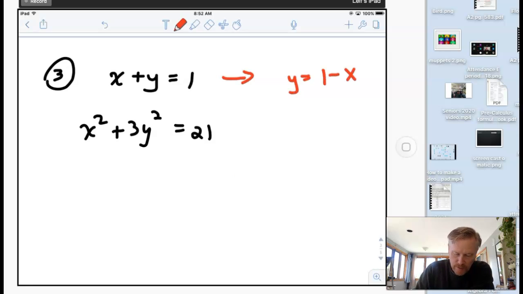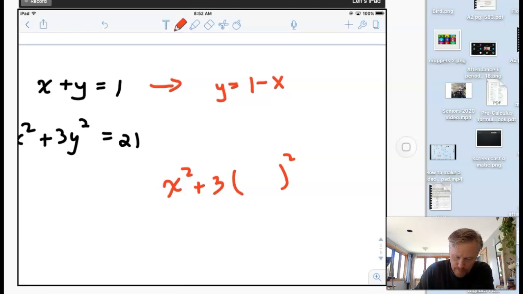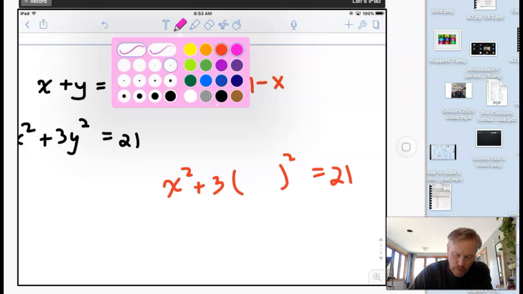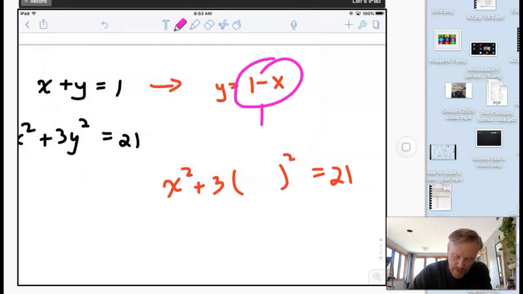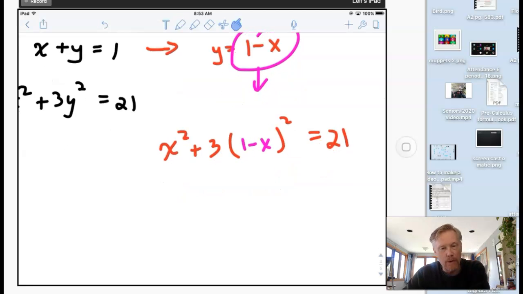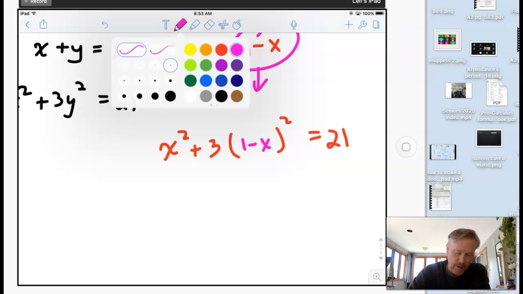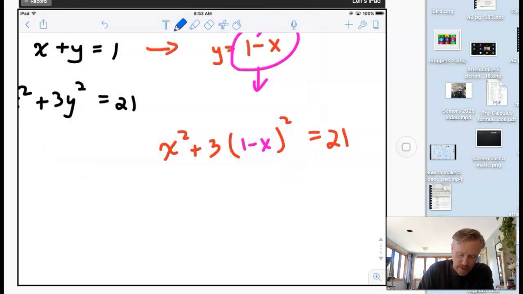Now I can take this equation and where the y was, I'm going to plug in 1 minus x. Now I've got one equation and one variable. It's going to take a little work to simplify this, but let's start chipping away at it.